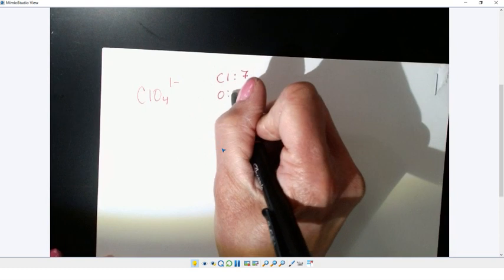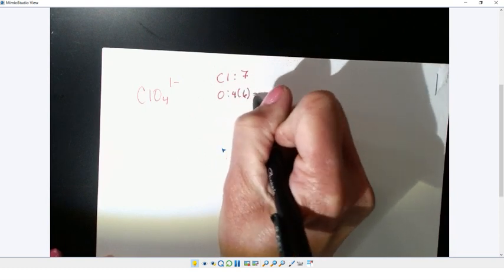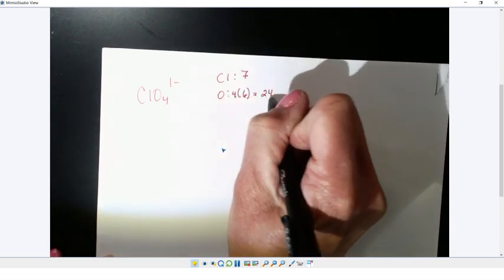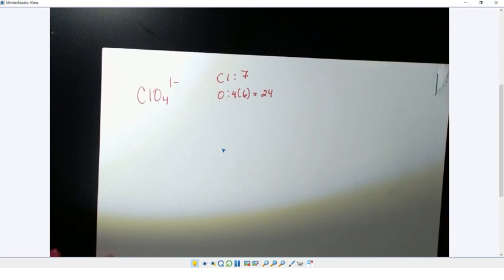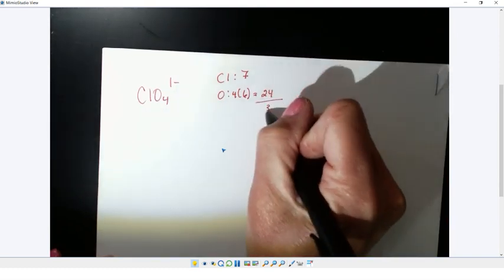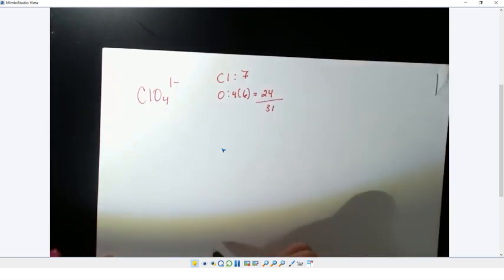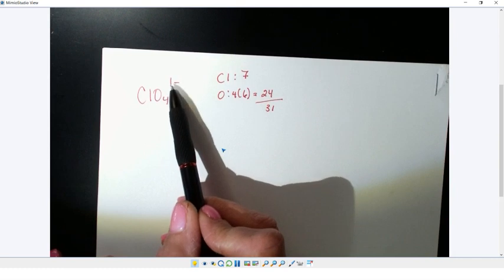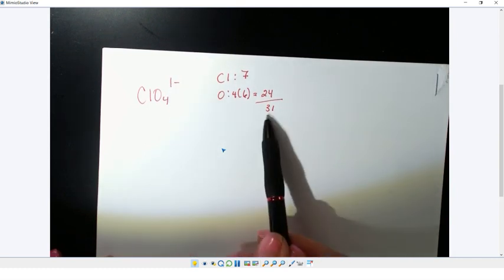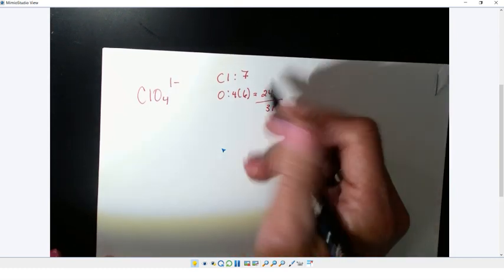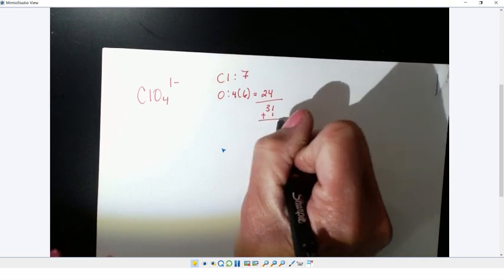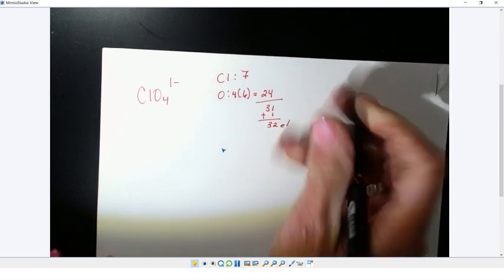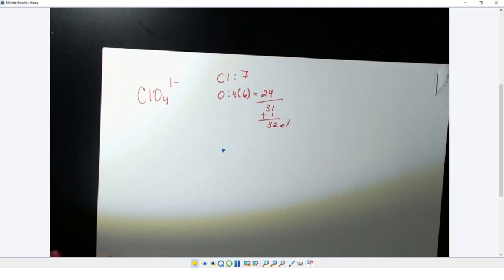I have 4 oxygen, each at 6 valence electrons, to give me 24. And that will give me 31 electrons. Except for I have a negative charge. However many negative charges I have, I'm going to add that to my total. So I'm going to add 1 more electron to make it 32 valence electrons that I have to account for.